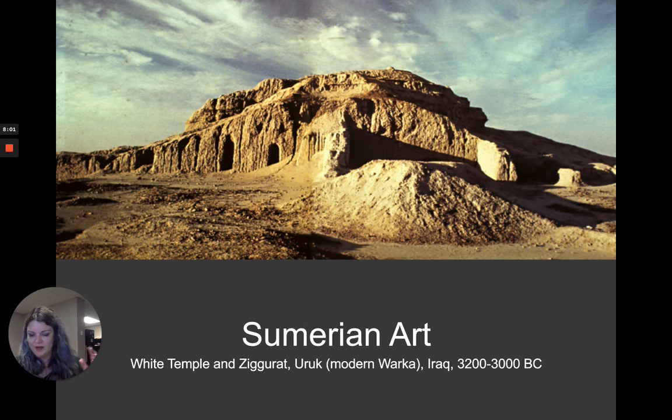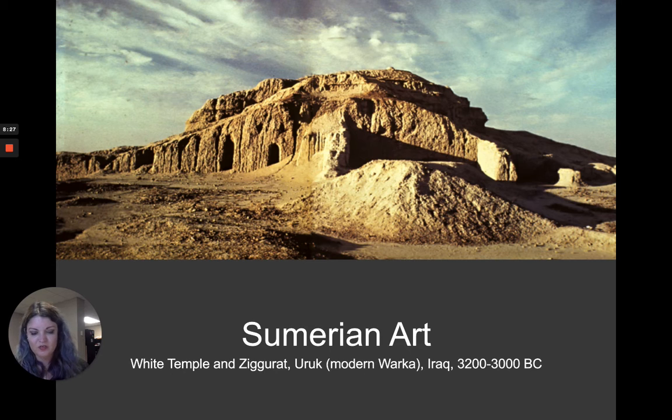And each of them has their own deity, their own god or goddess that rules their city. That is their person that they worship and that they believe is their supreme guiding being kind of situation, okay? And the belief is that each city-state has a ruler that is selected by that deity, okay?